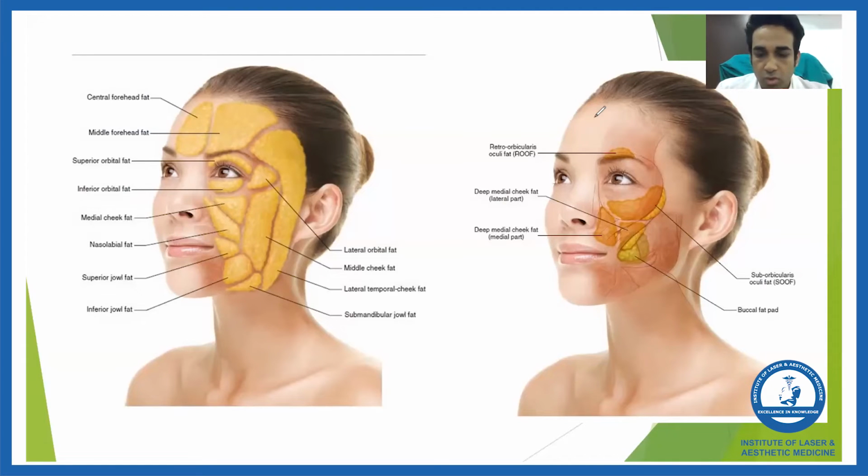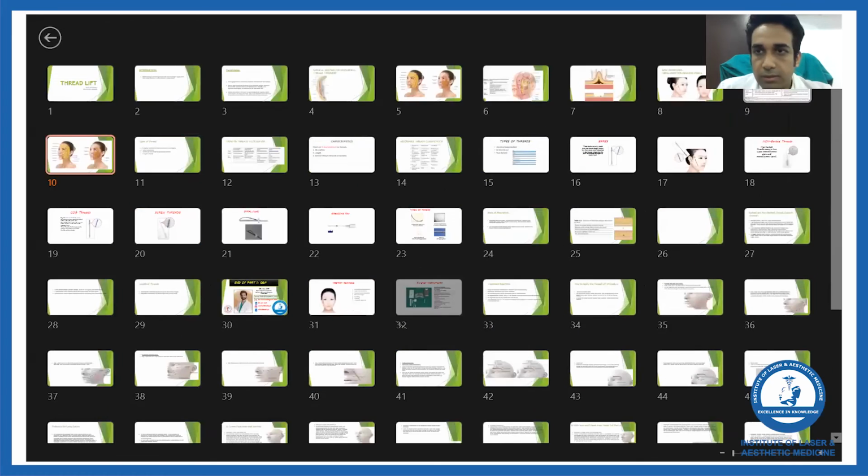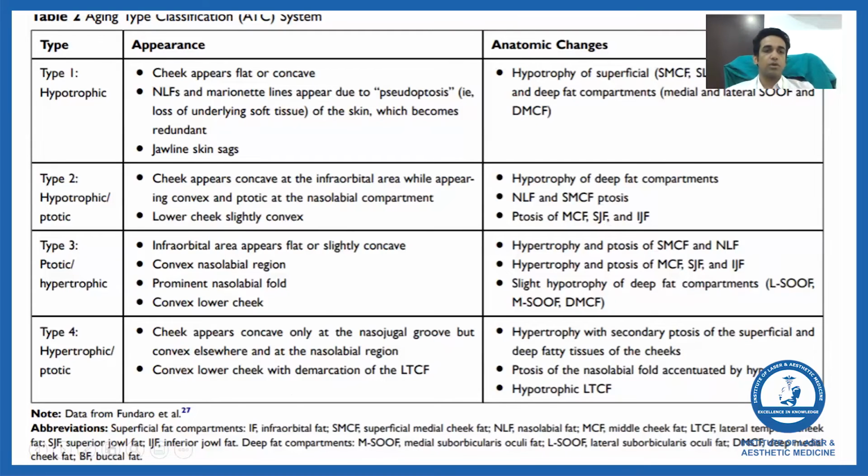So similarly to all of these, there are types. And then if you reach a particular stage, you would reach type 4, wherein you know that nothing except your surgical facelift is going to help you, right? So it is very necessary to start off early. See, type 1 is something that somebody by the age of 28 to 30 will also have on his face.